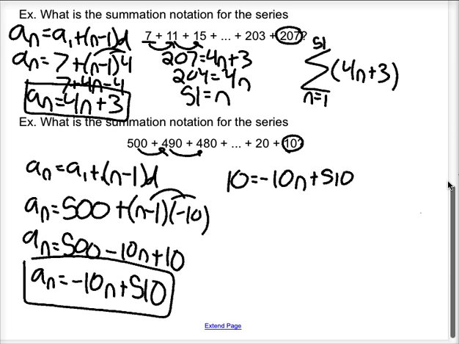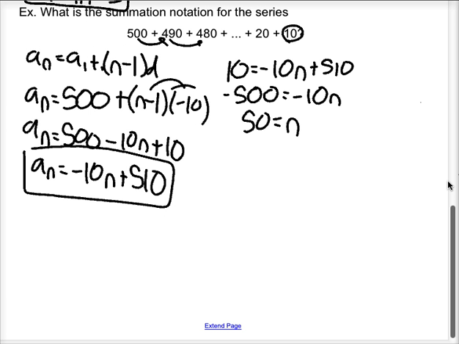All right, so I'm going to subtract that 510 from both sides. So I get negative 500 over here equals negative 10n. Divide by negative 10, and you get 50. So my n is 50. There are 50 terms in this series.